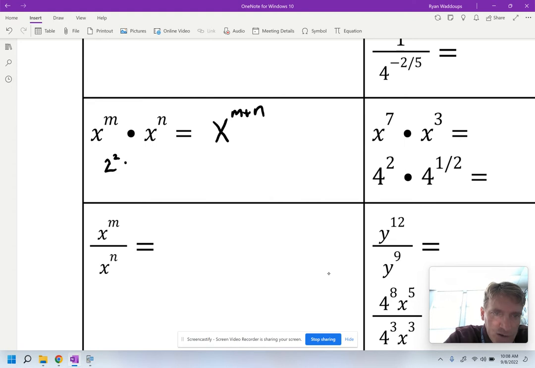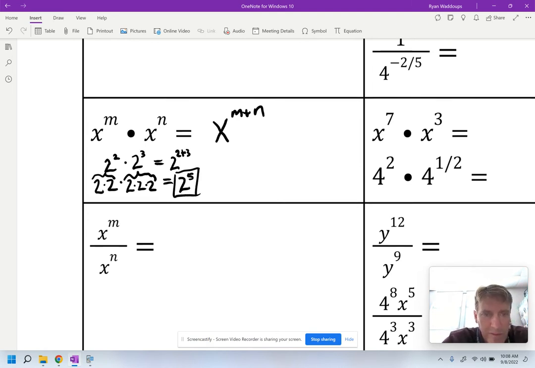If I have 2 squared times 2 to the third power, 2 squared is 2 times 2, and 2 cubed is 2 times 2 times 2. Here you can see that 2 is being multiplied by itself 5 times. That's the same as 2 to the 2 plus 3 power, and 2 plus 3 is 5. That would be the final answer.